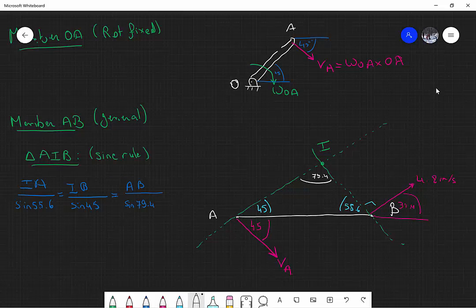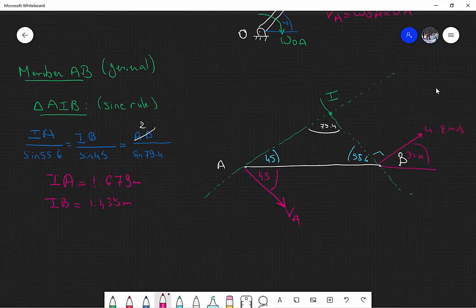The AB is already known and it was 2 meters, so we can get that the IA equals 1.679 meters, and the IB will be equal to 1.439 meters. This is the IA and this is the IB.